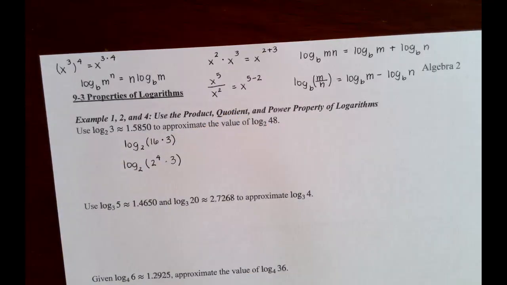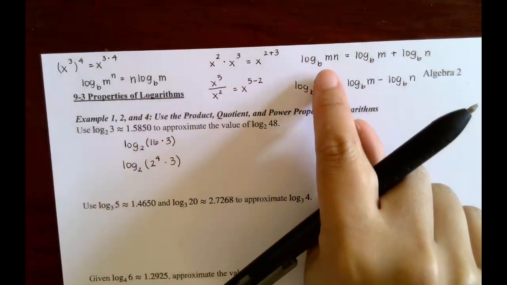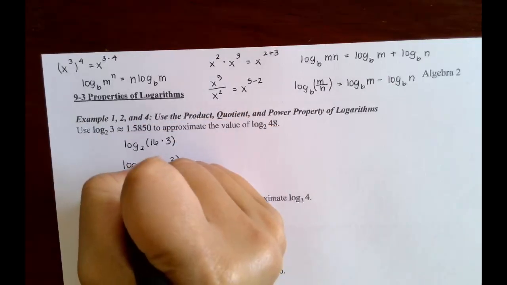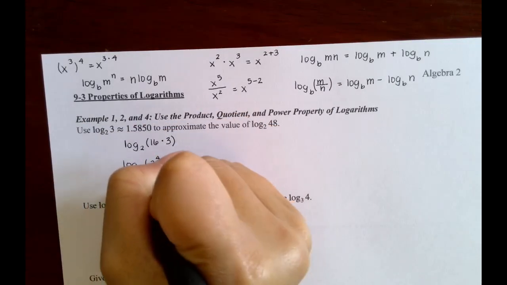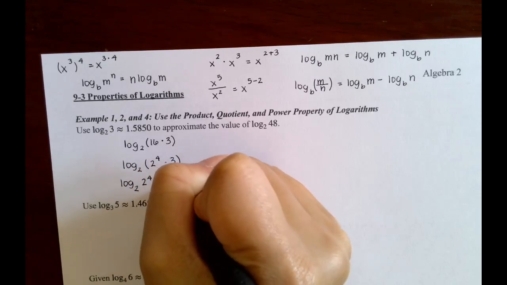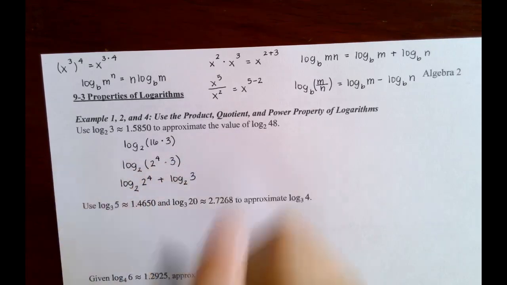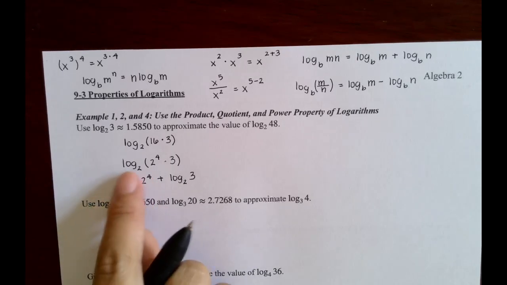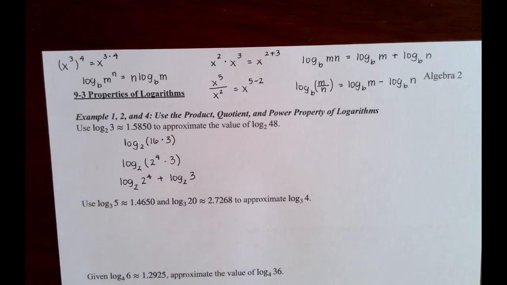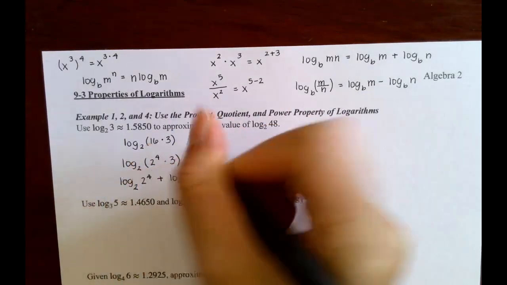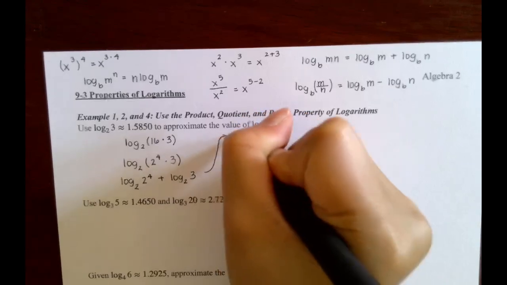And then, according to the product property for logarithms, I can separate this into log base 2 of 2 to the 4th plus log base 2 of 3. Remember, solving a log is finding the exponent. So 2 to the what power gives me 2 to the 4th? Well, 2 to the 4th gives me 2 to the 4th. So I could rewrite this as 4.